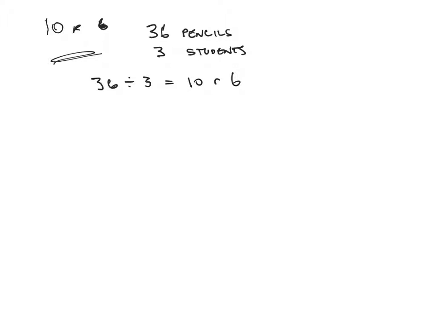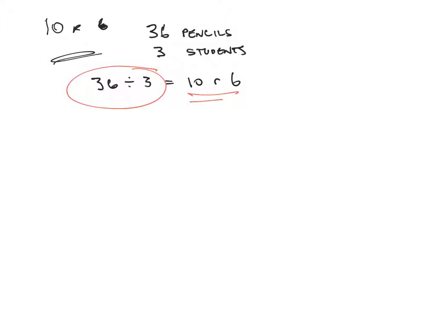Another example. Yes, sir? Isn't it silly for the remainder to be bigger than the divisor? You're correct. This is a common error, and I'm glad you caught that, because a lot of people made it. 36 divided by 3 isn't really 10 remainder 6, is it?